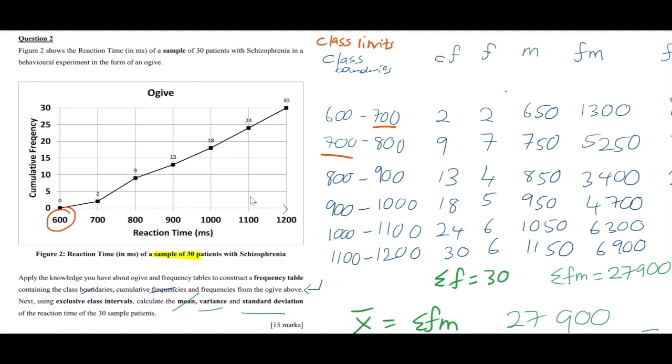Okay, so you need to be able to truly master the concepts of class boundaries, class limits, ogive, the cumulative frequencies, and once you have the basic concepts, no matter how difficult the question is, you would be able to answer it.